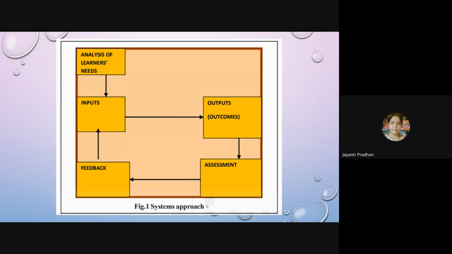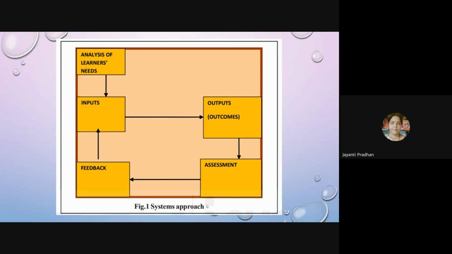So in that process, we have discussed the systems approach. The first one, as we know, is learners' need analysis. How to analyze the need? By conducting a survey. In the last class we discussed how to analyze the need by taking a sample population of learners and surveying their needs and interests.